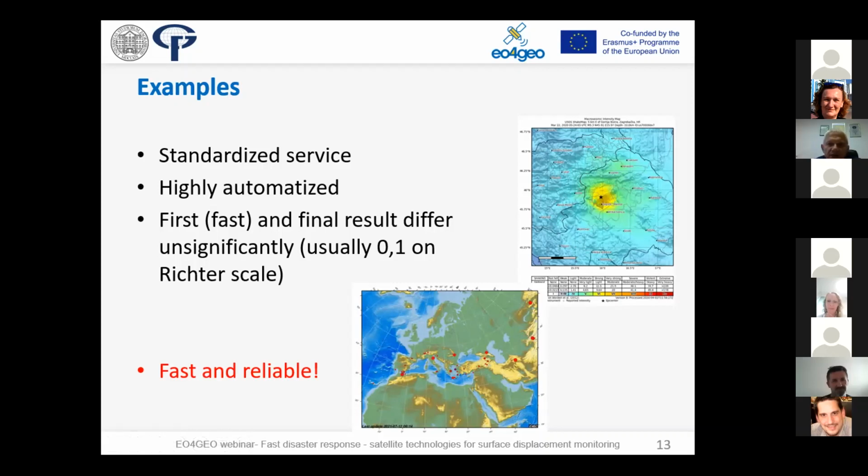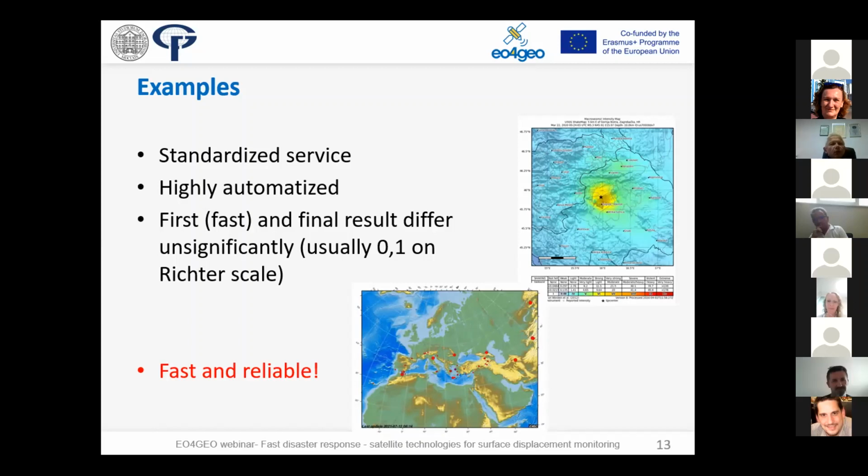So it's a service which has been built, established. It is connected with a great number of institutions which are responsible for seismology worldwide.